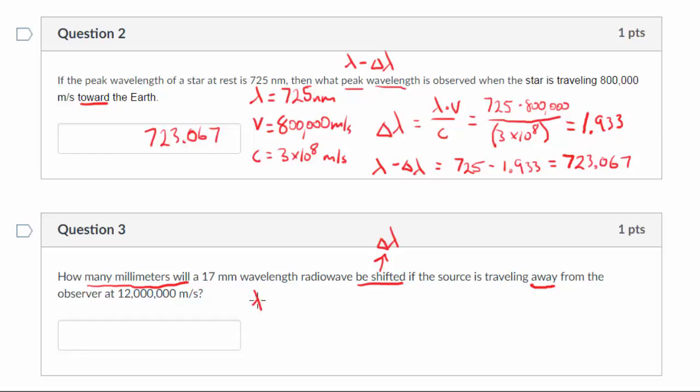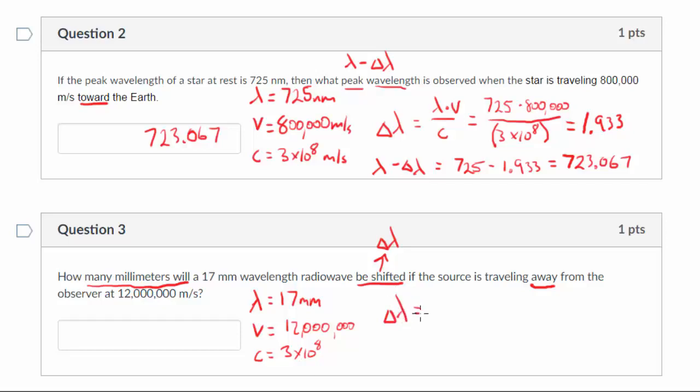So my starting wavelength here is 17 millimeters. My velocity is 12,000 meters per second, and the speed of light is 3 times 10 to the 8th. And again, I'm going to use that rearranged version of the equation, which you, of course, can put on your equation sheet.